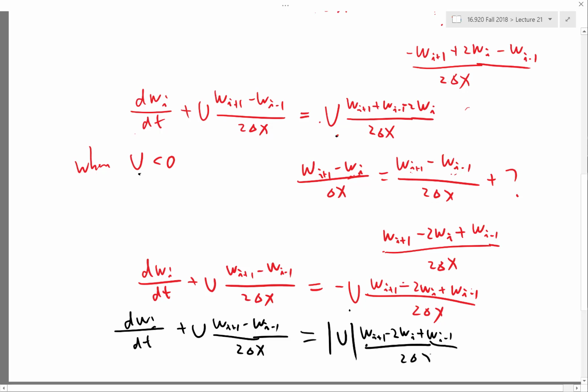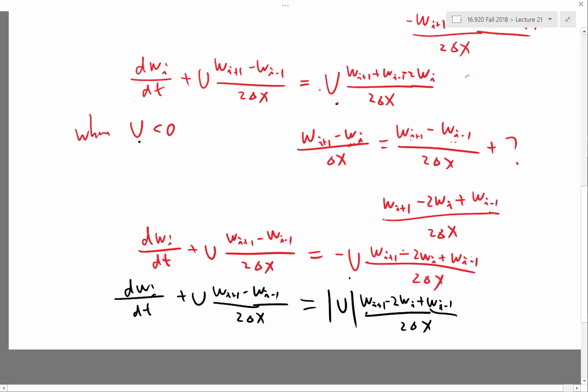Now this makes total sense, right? Because I need to add a positive numerical dissipation on the right hand side to make the scheme stable. So no matter if I upwind towards the left or right, the effect is exactly the same: I'm adding a positive numerical dissipation.